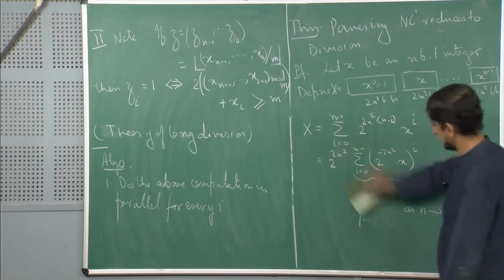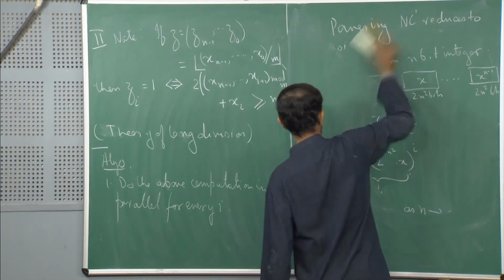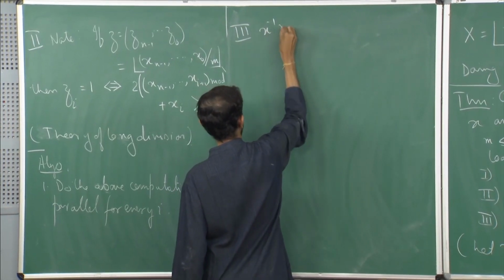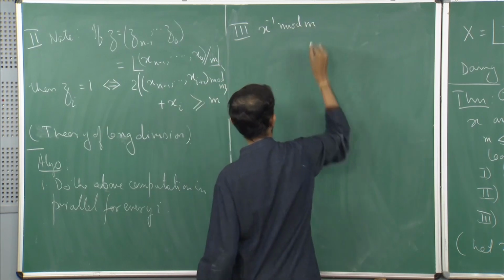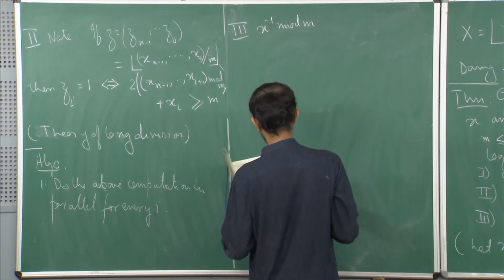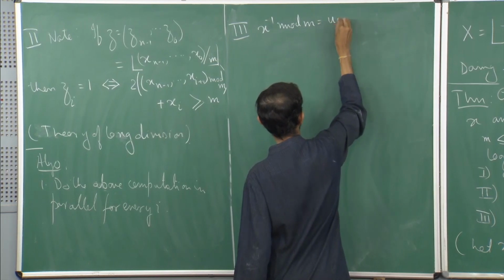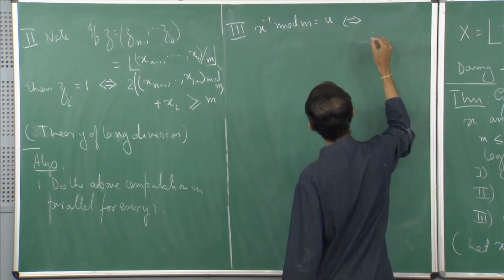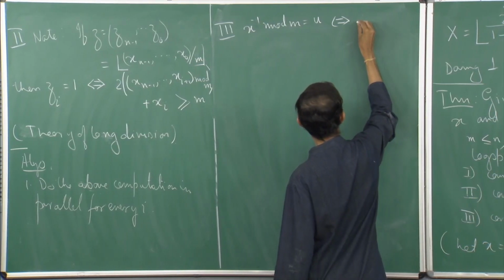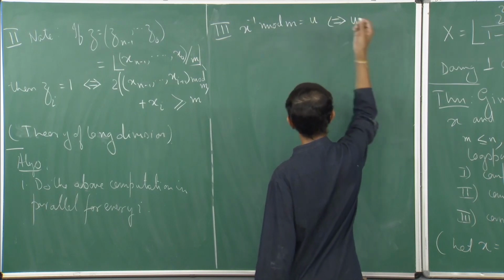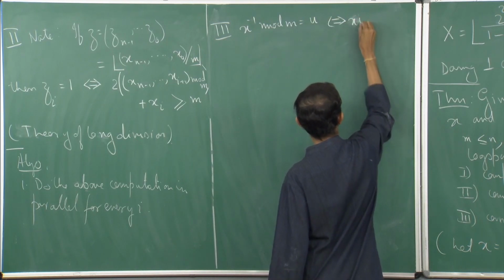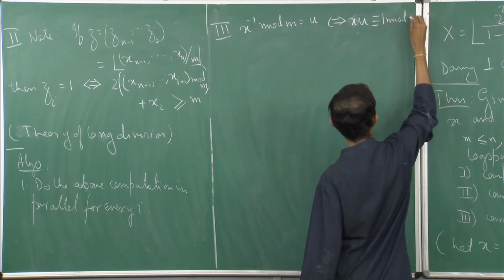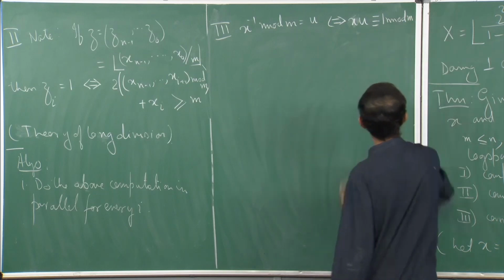So, the last one is also similar. x inverse mod m is equal to some value u if and only if x times u is congruent to 1 mod m.